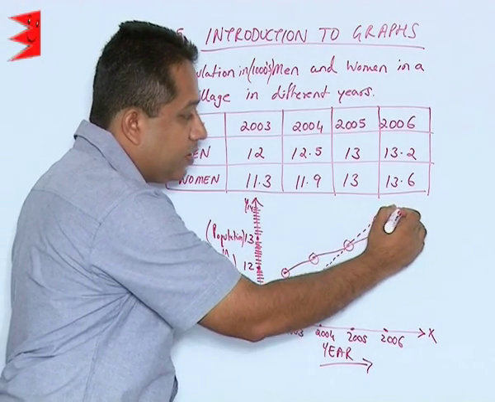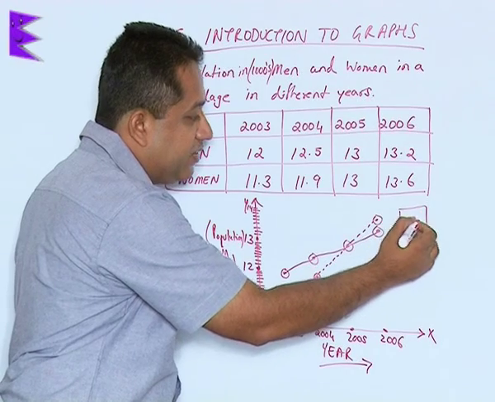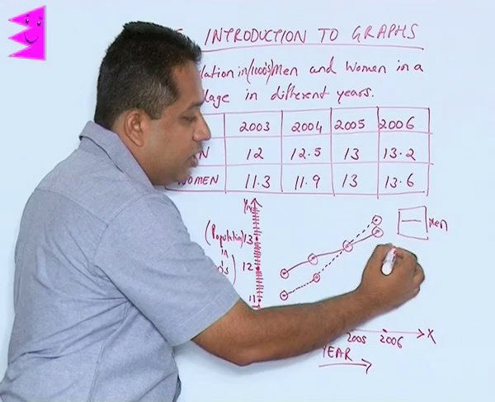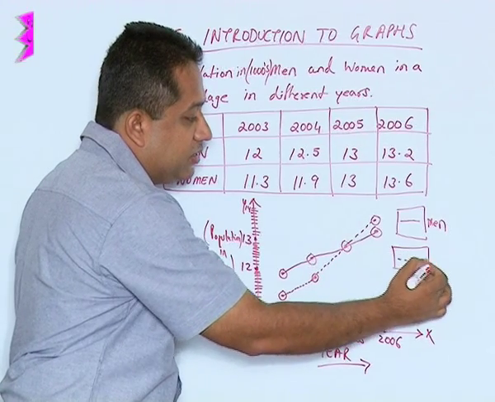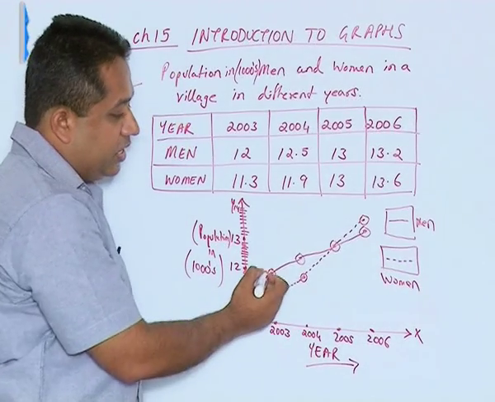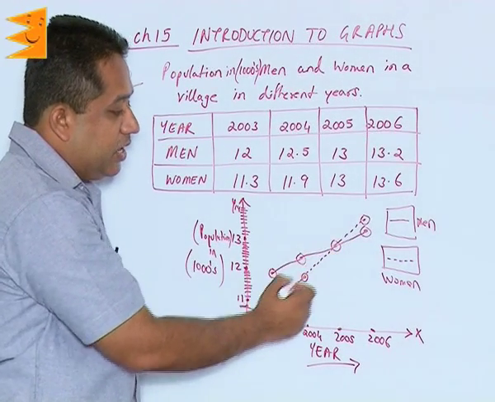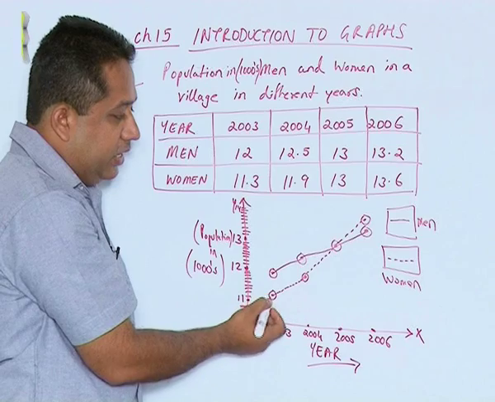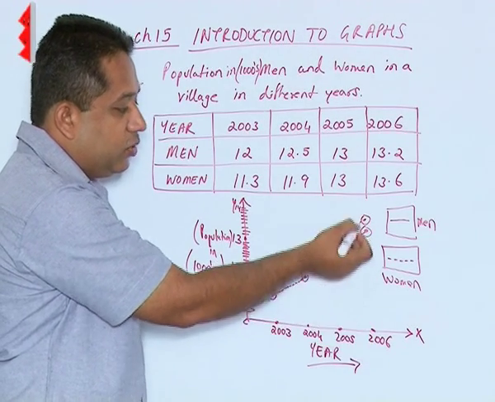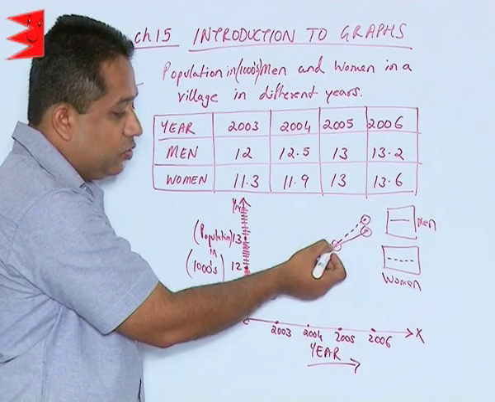The line signifies the population of men and the dotted line signifies the population of women. So, here the population of men and women are increasing, but we find that the population of women is overtaking the population of men in the year 2006. Here it is the same in 2005.